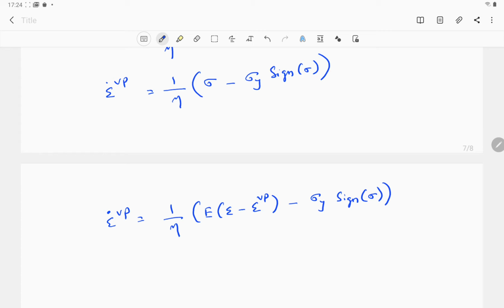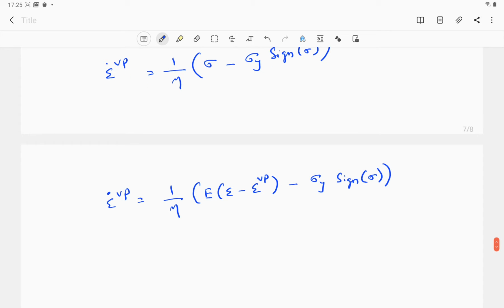Okay, now in this one, let me do one thing, let me discretize it and let me write, so such that epsilon dot Vp is equal to epsilon Vp in the nth step plus delta epsilon Vp.